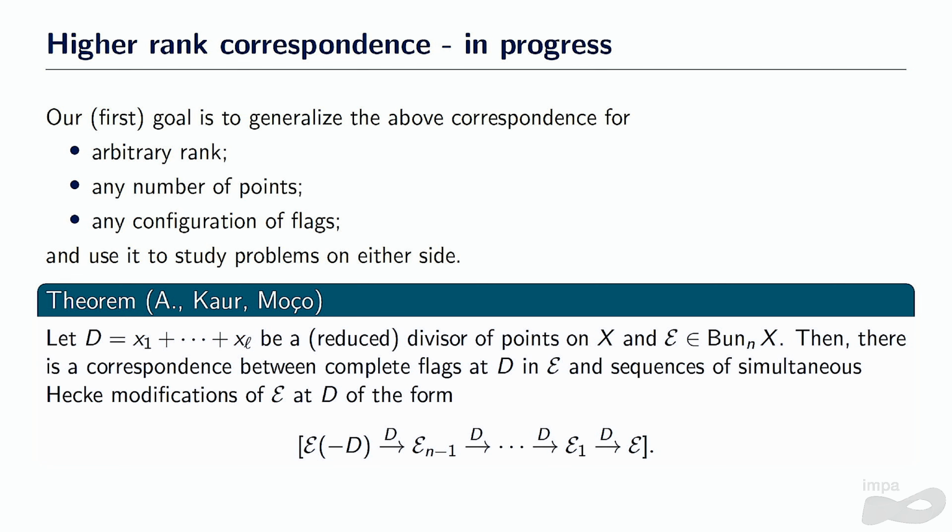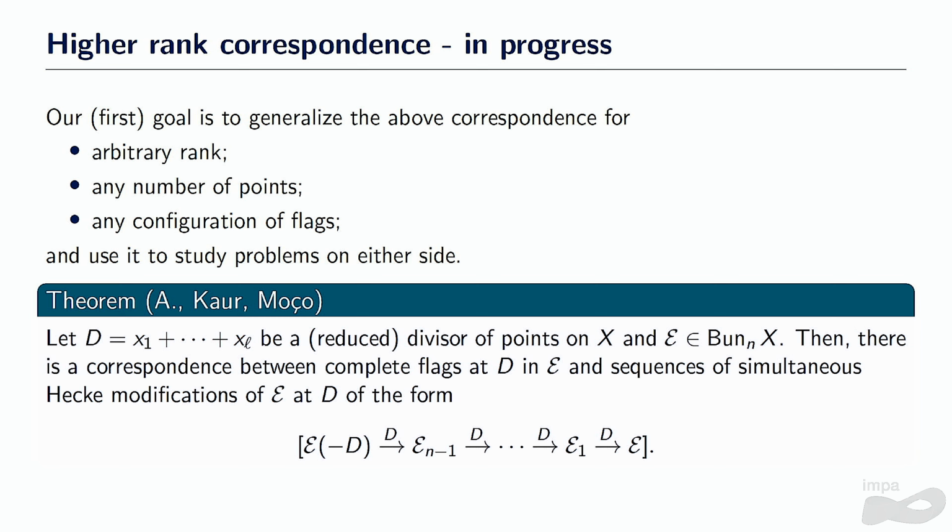If I take a reduced divisor on the curve, we can show that there is a correspondence between flags on the vector bundle centered on D and sequences of simultaneous Hecke modifications on the vector bundle. So the first two problems here are solved by this theorem.